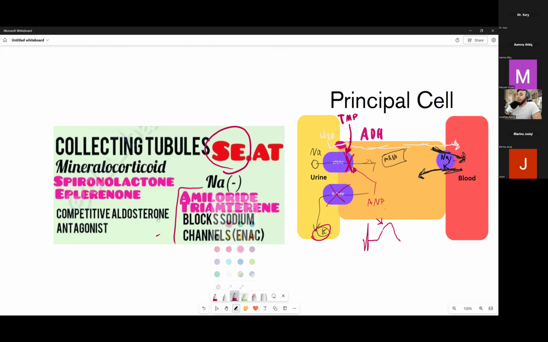How does it do this? It's able to inhibit the ENaC channel. Once you inhibit ENaC, ROMK will also get inhibited. Therefore, you're able to counteract the action of aldosterone. So understand that there are two different types of mechanisms of action, but they're both achieving the same results.